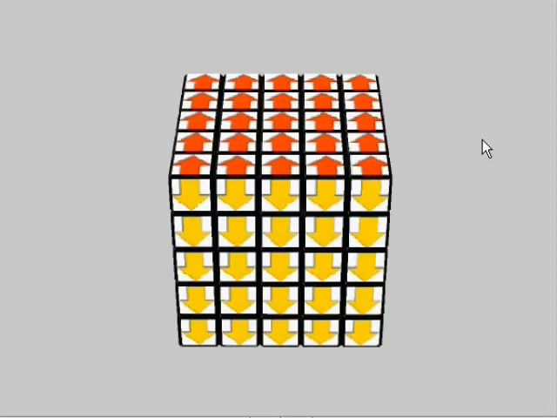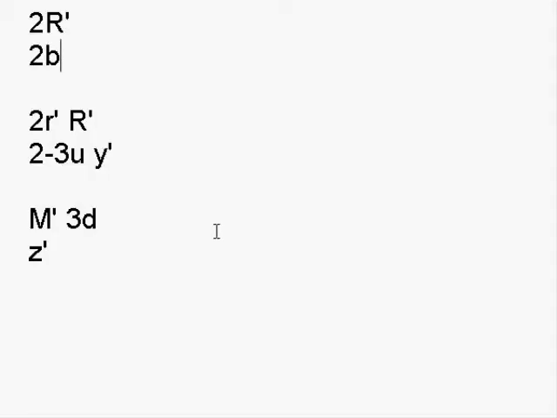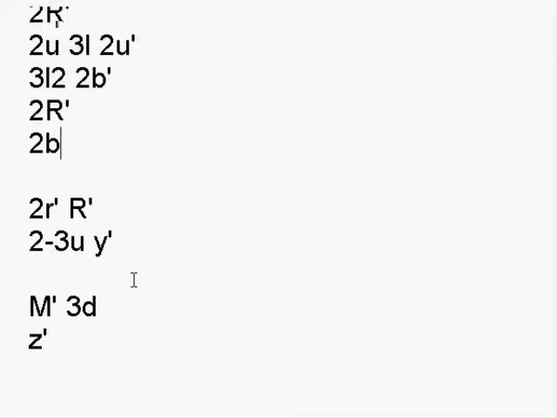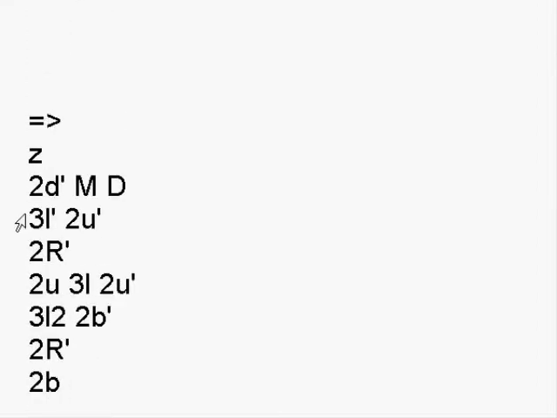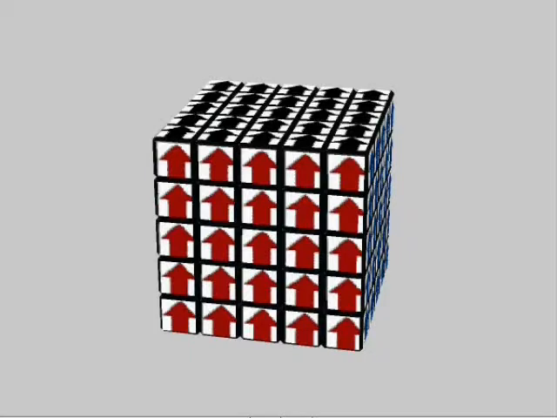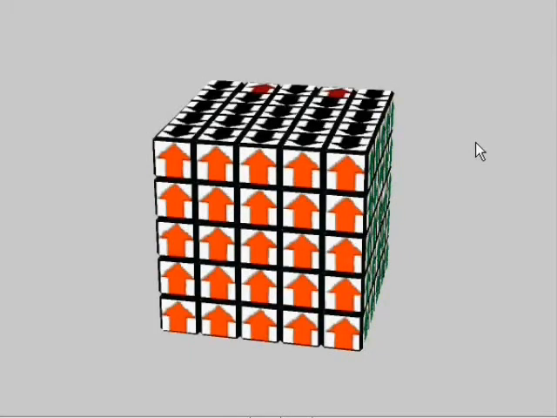Now when I have Z prime, it's not good. So from here we can fix this a little bit more if we just make that 2U instead of 3D, and then we do Z prime. It's still not what we want, but at least it's U instead of D moves.